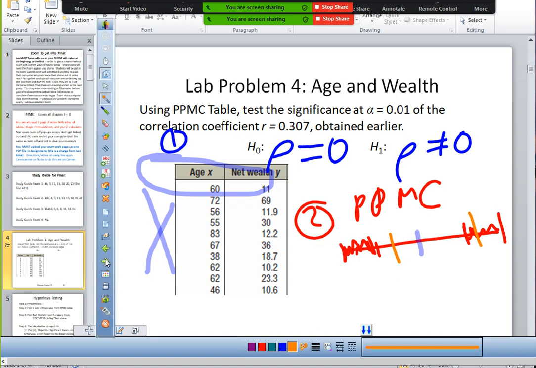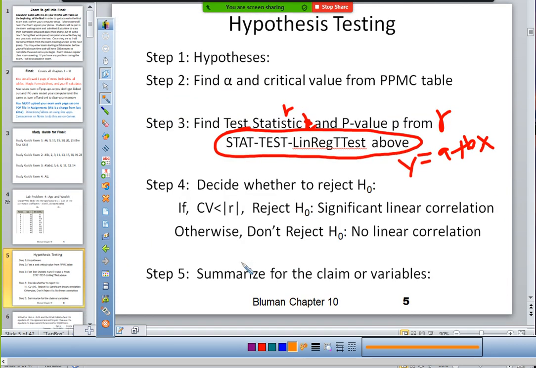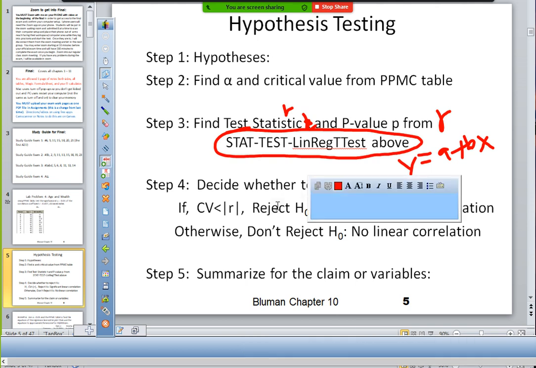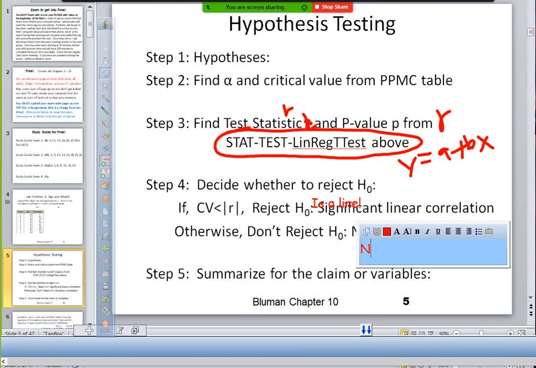And that's sort of the simplest way to do step 4. It's what you're used to. Right, so in other words, rejecting H0 means it is a line. Don't reject H0, then it is not a line.